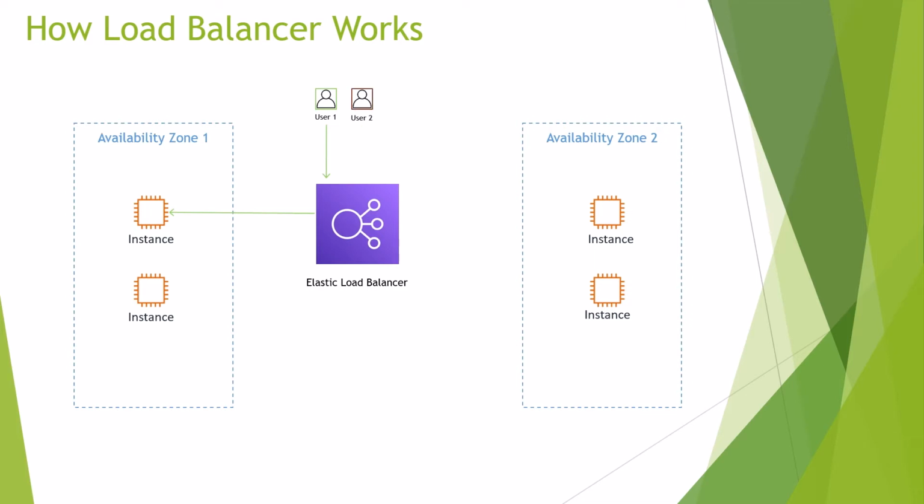Suppose user 2 comes and hits the load balancer, then the load balancer might redirect the user to another instance present in availability zone 2. Then suppose user 3 comes, he might go to another instance present in availability zone 1. In this way, your load balancer will redirect traffic across different instances in different availability zones. It also makes sure none of your instances are being overburdened, so it will equally distribute traffic among different instances.